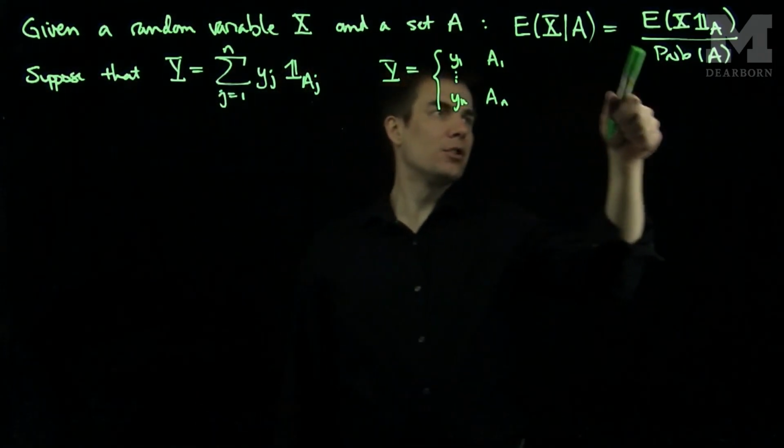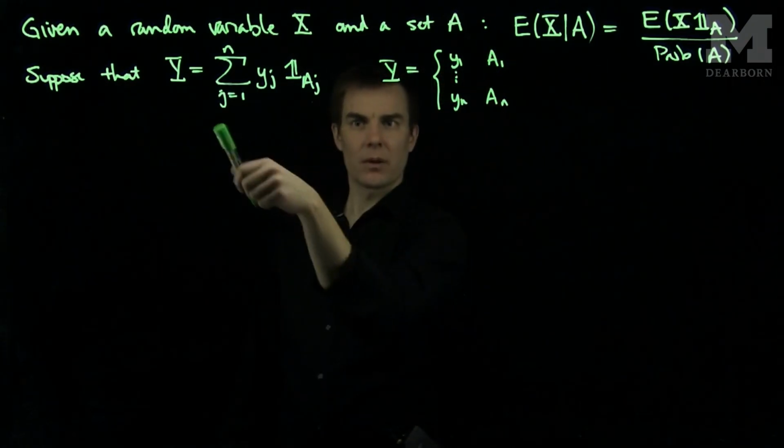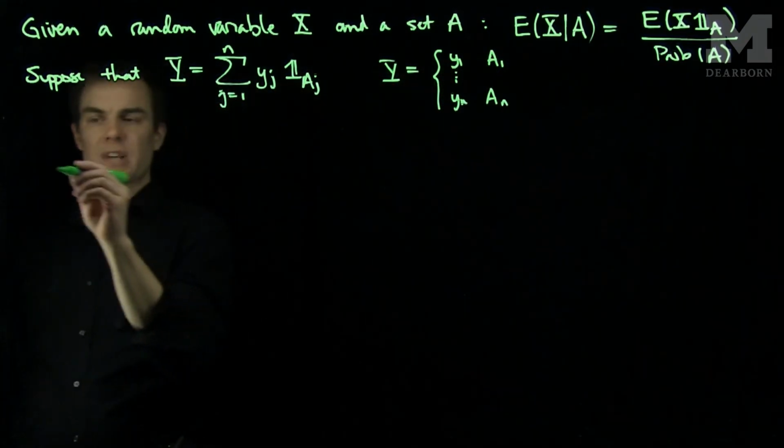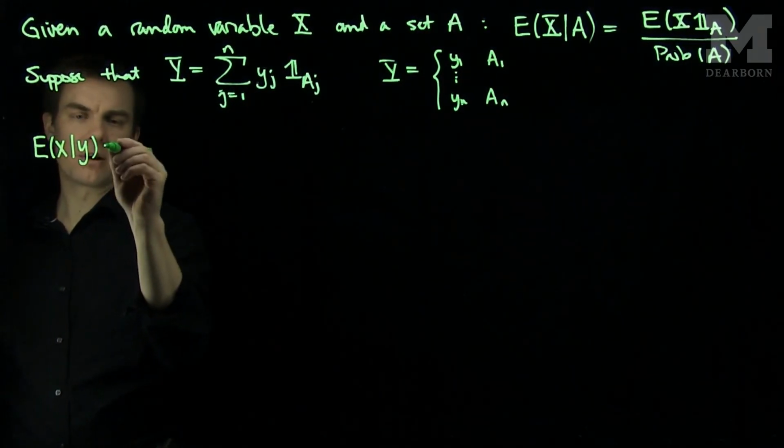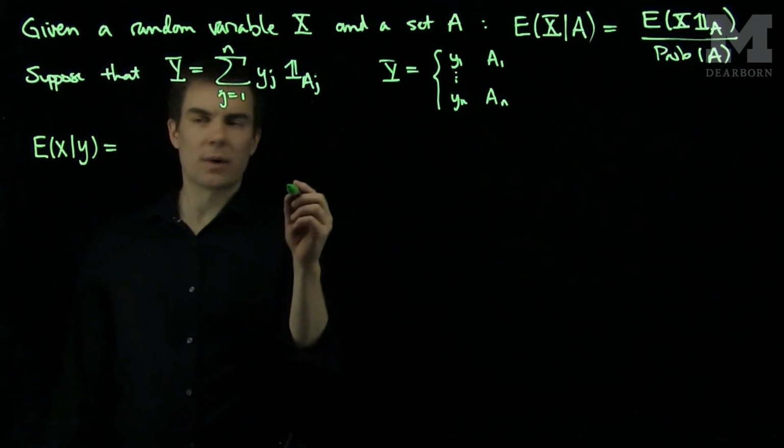I can use this definition of conditional expectation to condition the random variable x on the random variable y. We'll say by definition that the conditional expectation of x given the random variable y will be the following piecewise function.